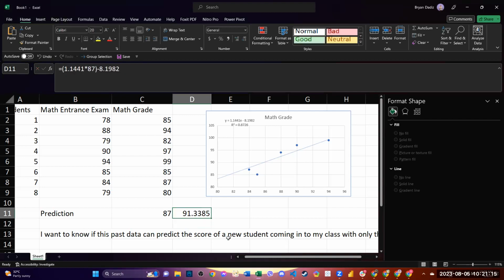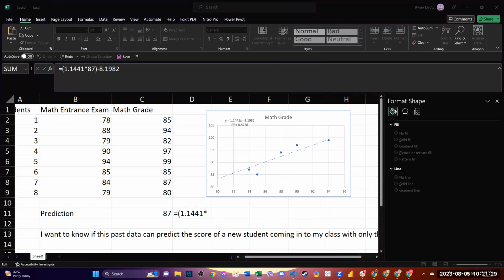Okay, so my prediction, I was just having a small error with that. So instead of 1.4441 earlier, I changed it to 1.1. Yeah, right. Okay, so this is the prediction.